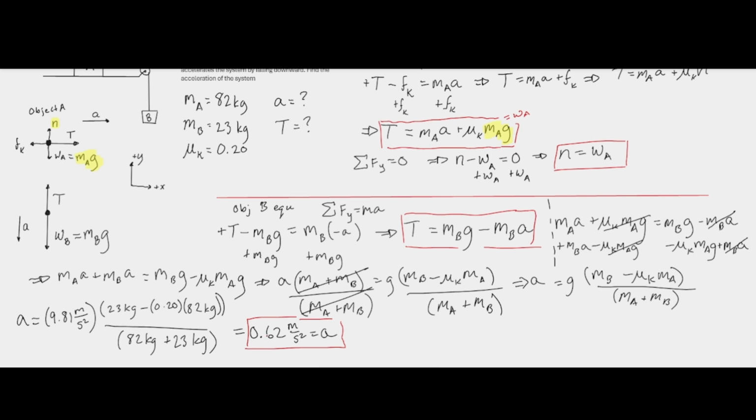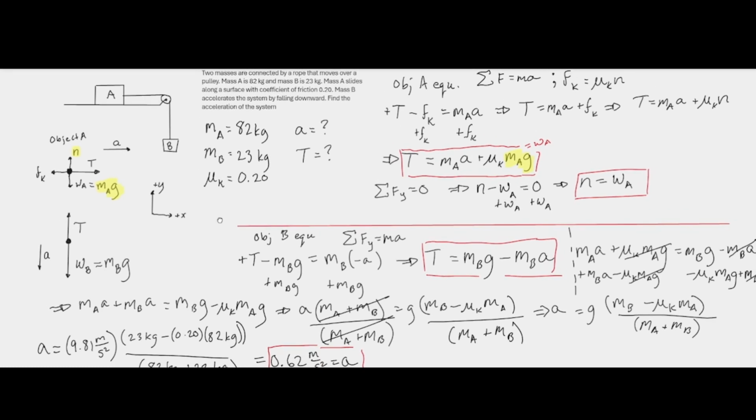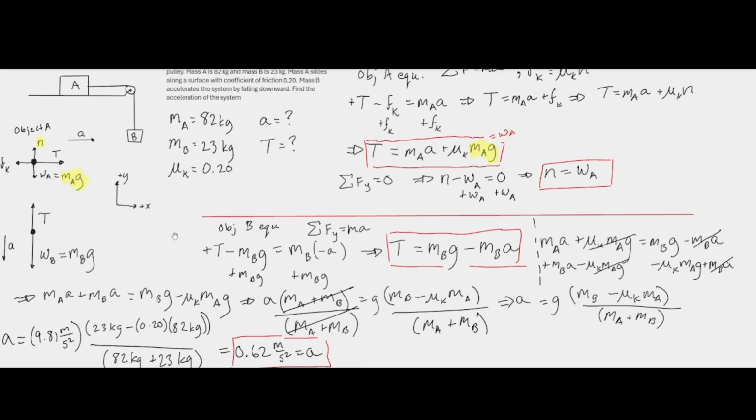It's much less than 9.81 meters per second squared. So the friction of this surface above here is really causing this to slow down quite a bit. We have both the friction of the surface and also the resistance of this larger mass A, which is preventing the system from accelerating to a great degree, much less than if it were allowed to free fall under the effects of the acceleration of gravity alone.